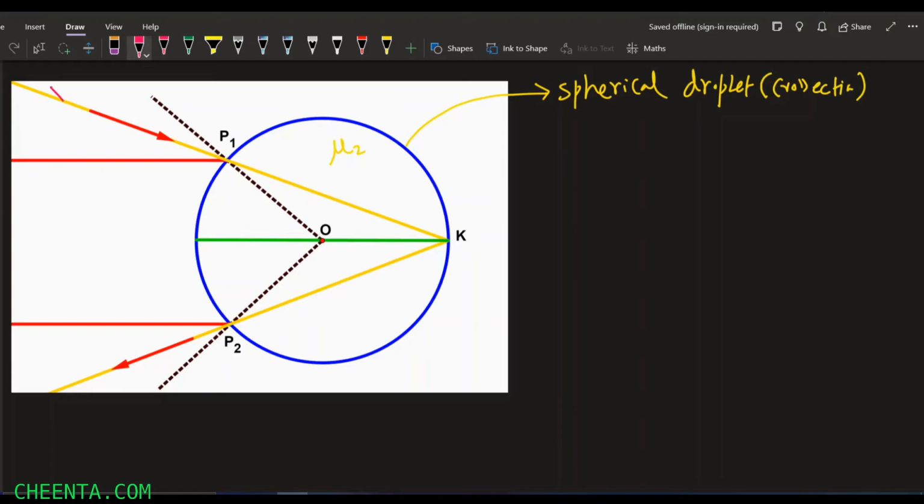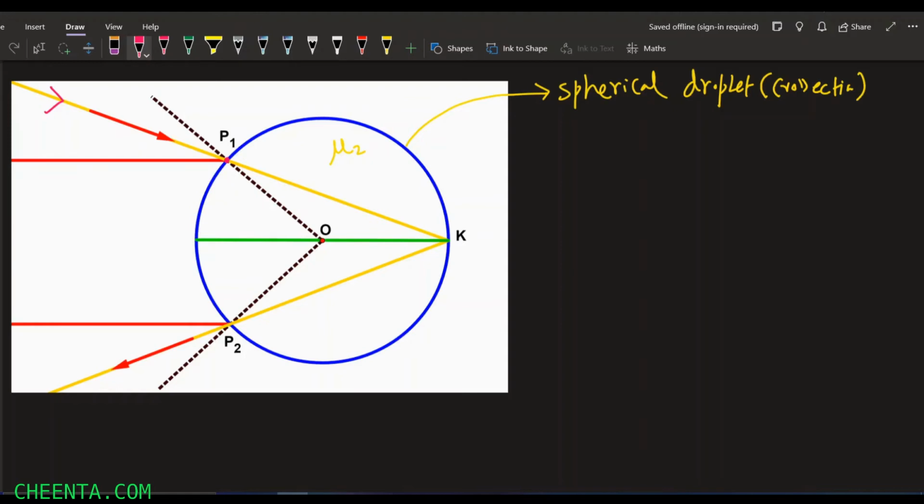And this one is coming from the sun, and it is incident on the droplet at the point P1. I have drawn a perpendicular at the point P1, as you can see, and because it is perpendicular to the circle, it will go through the center of the circle, as we know from elementary geometry.